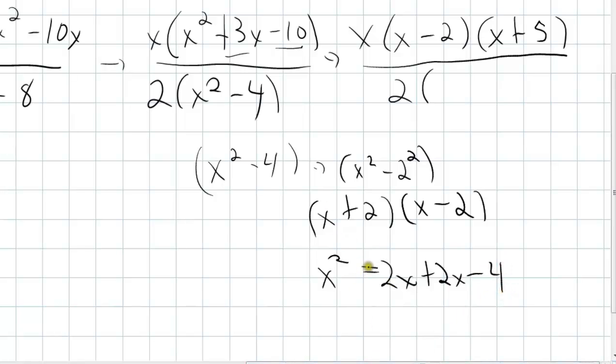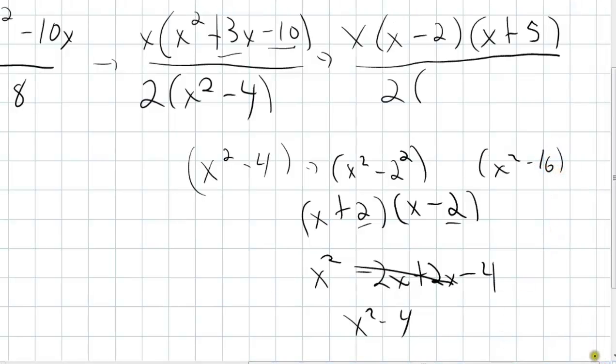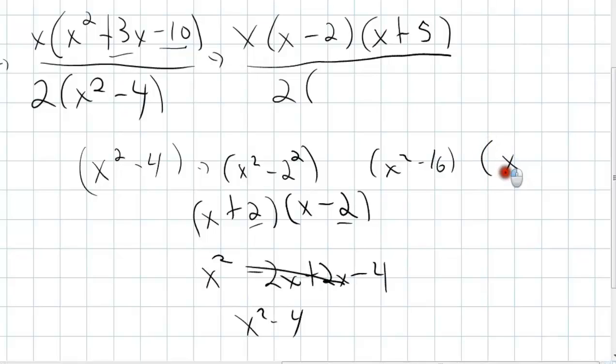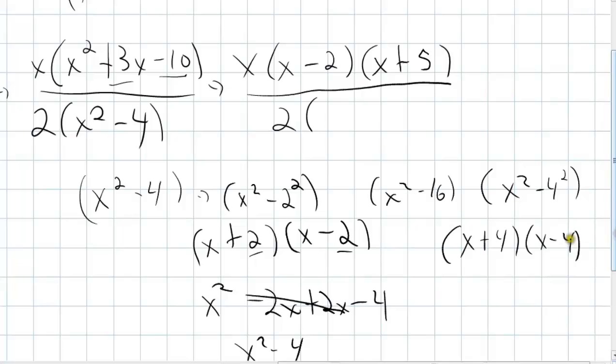These two terms cancel and you're left with x squared minus 4. This happens with anything that ends up being a square. It could be x squared minus 16, which is x squared minus 4 squared, so it would be x plus 4 times x minus 4. You can try that with a few others and you'll see that it works out the same way.